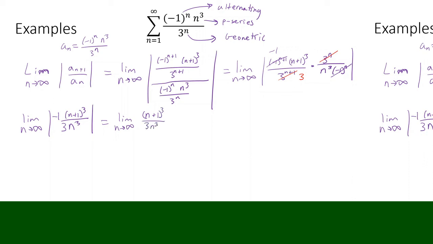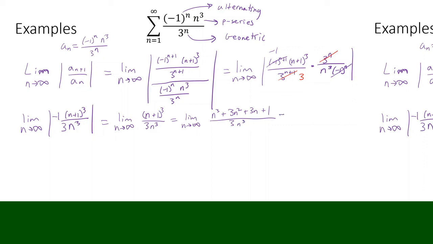And we're almost done because I'm just left with a rational expression again, right? I've got n's to powers top and bottom. So what ends up happening here is you get the limit as n goes to infinity of (n cubed plus 3n squared plus 3n plus 1) all over 3n cubed.